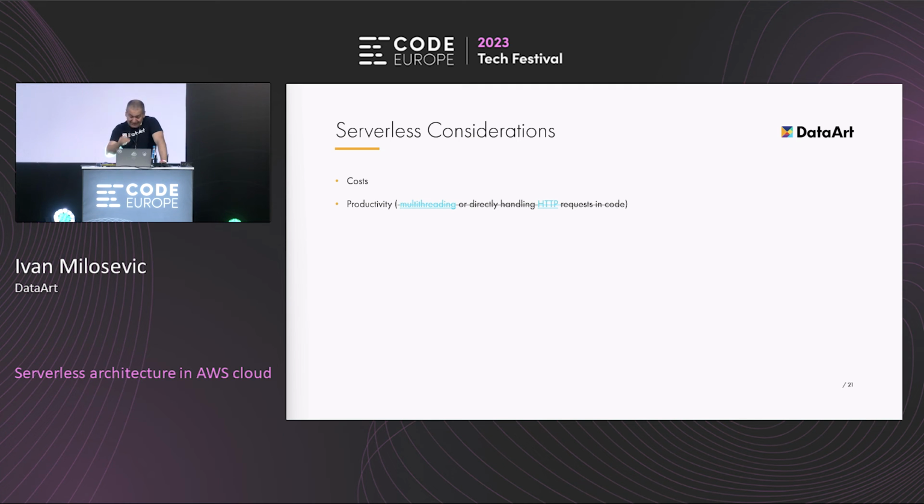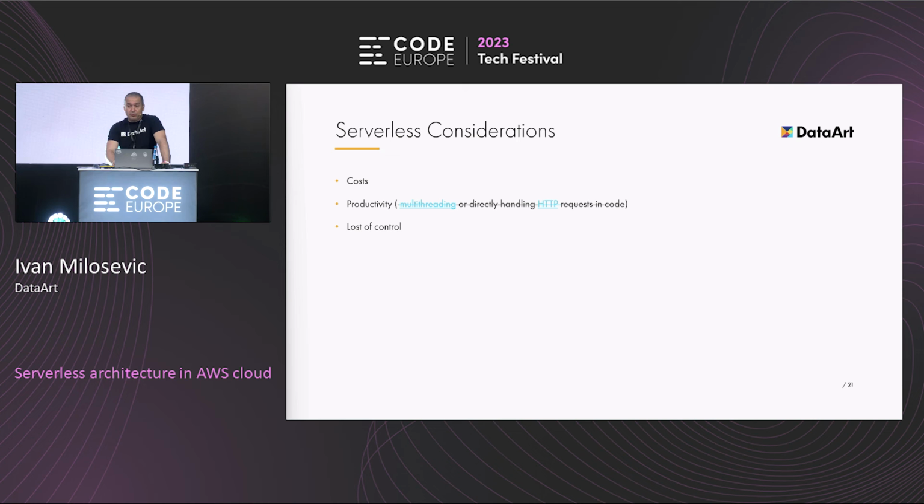Productivity has to do with the fact that AWS or serverless does a lot of things for you, so you don't need, as a developer, to take care of multi-threading or direct handling of HTTP requests in code. So serverless, or for example Lambda, does that on your behalf.